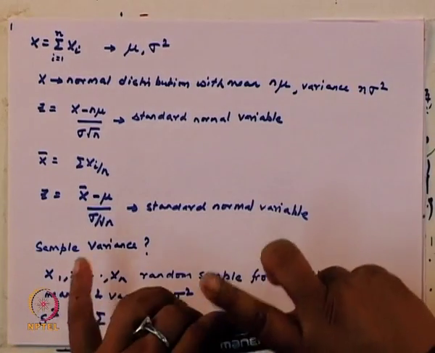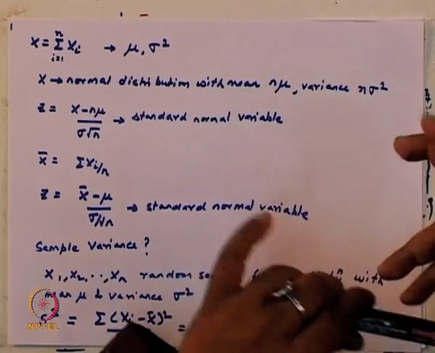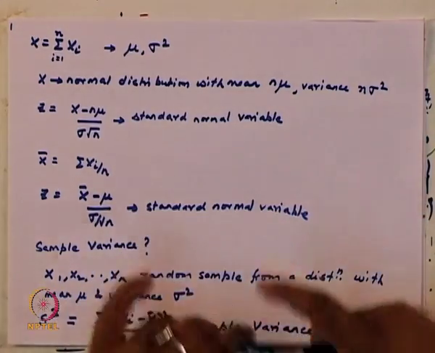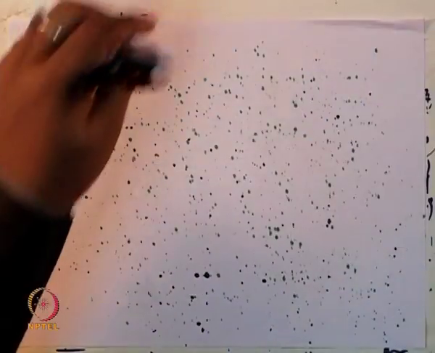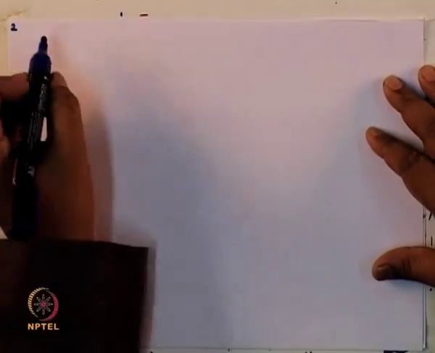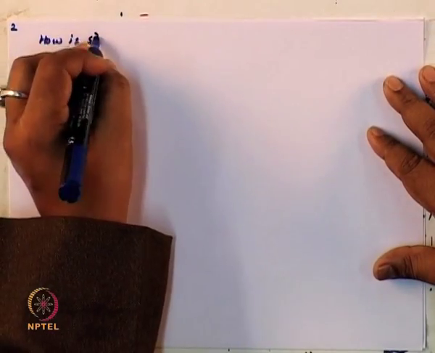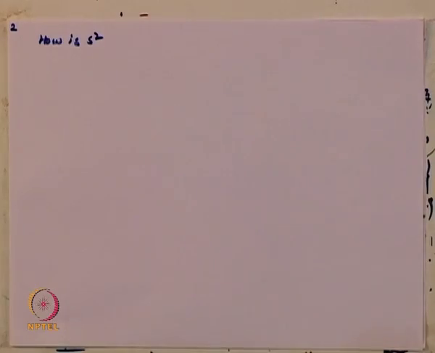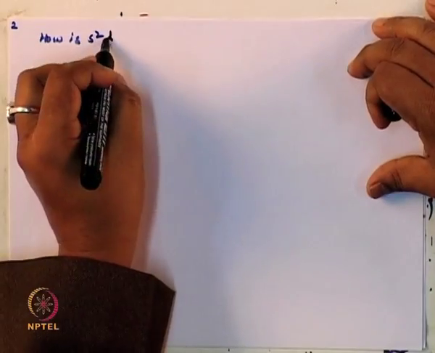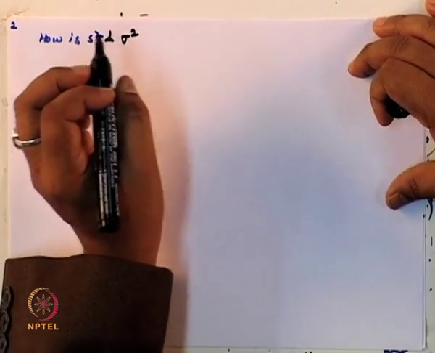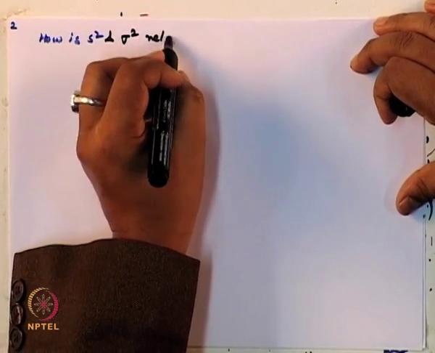How can I say anything about the link between the sample variance and the population variance? Essentially the question is, how are S square and sigma square, the population variance, related?